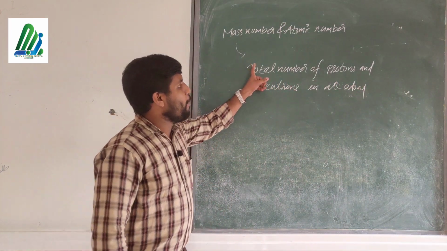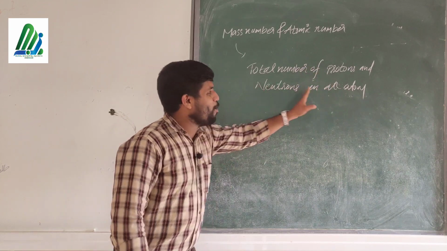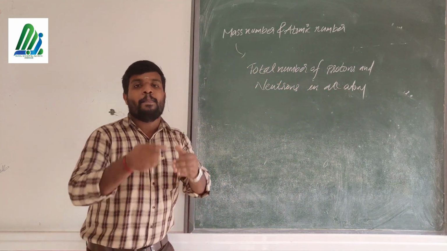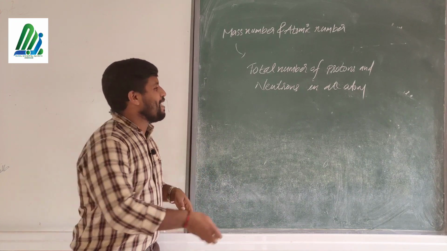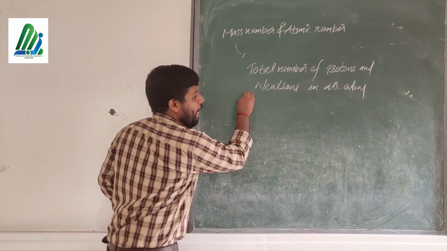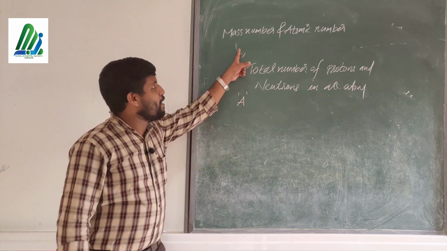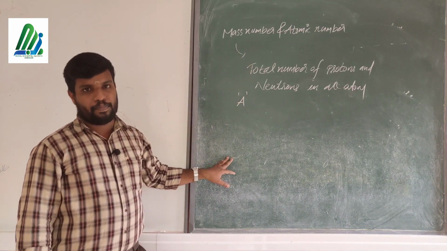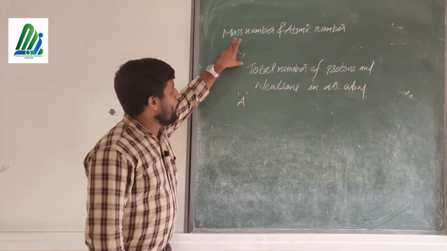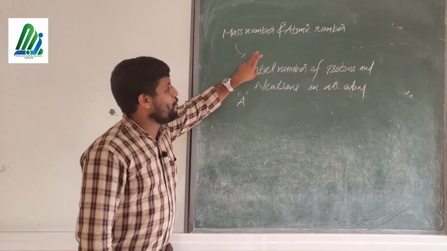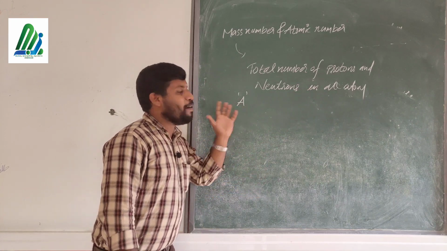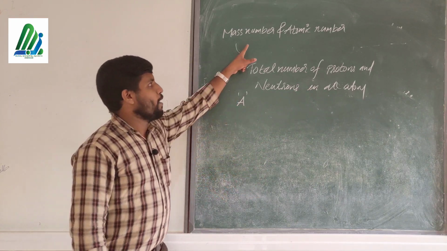The total number of protons and neutrons in an atom is known as the mass number. The mass number is represented by the letter A.